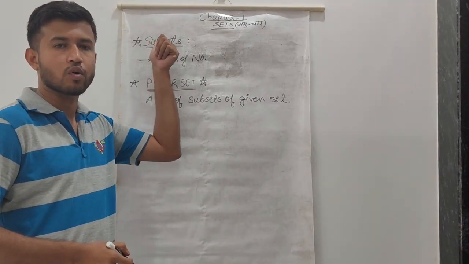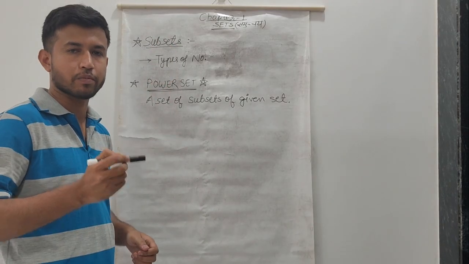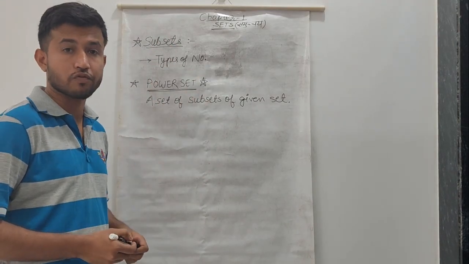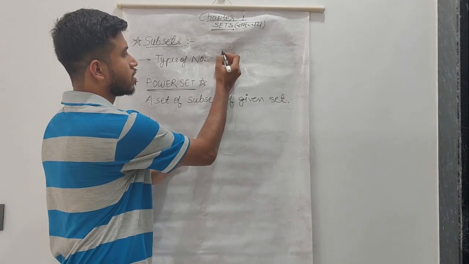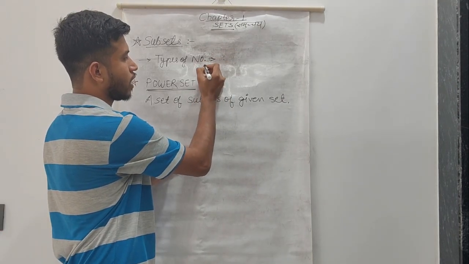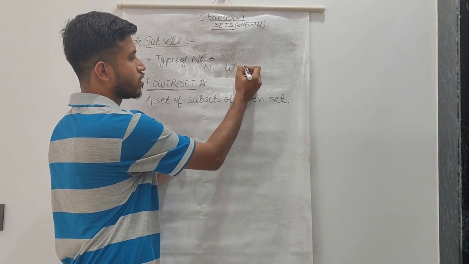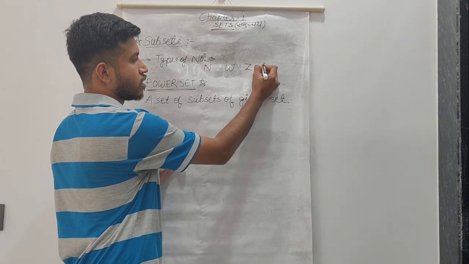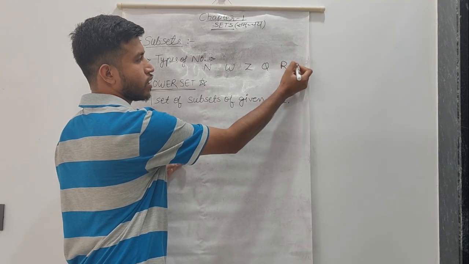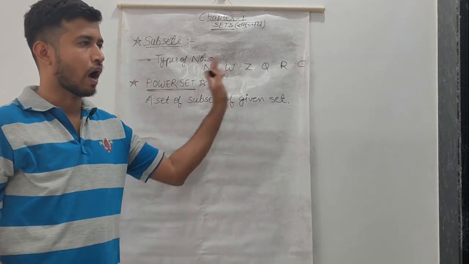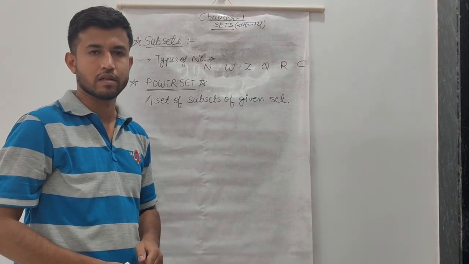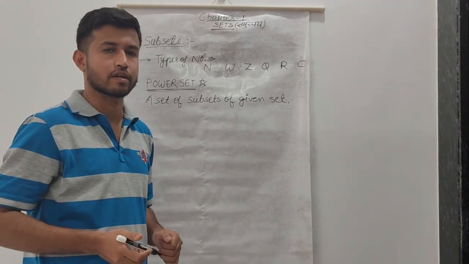We will apply the concept of subset in mathematics to types of numbers. We have types of numbers like natural numbers, whole numbers, integers, rational numbers, real numbers, and complex numbers. How are they related in terms of subset?